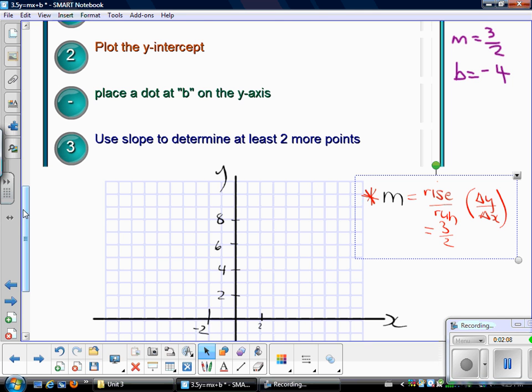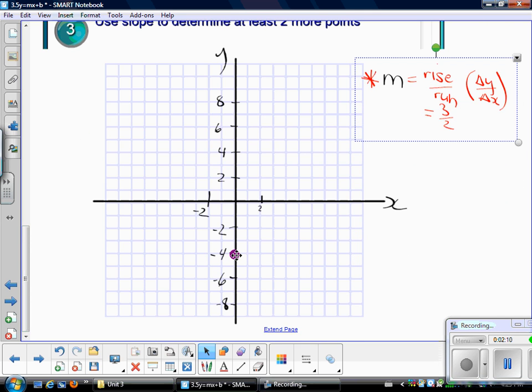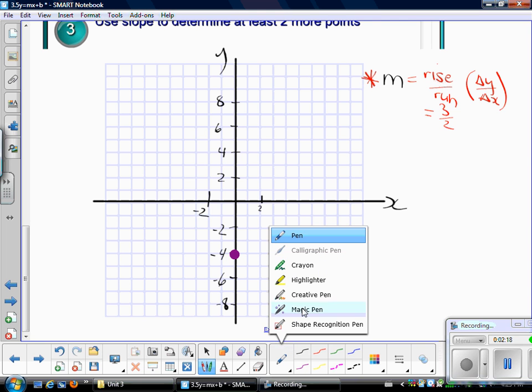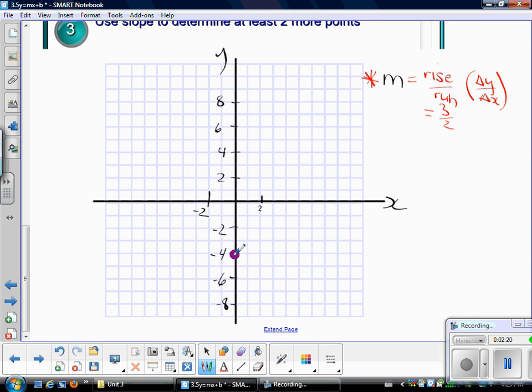The way we do that is we go to our point b and we rise. We're just going to get our pen for a second. So I'm going to rise 3, so 1, 2, 3, and then I'm going to run 2. 1, 2.